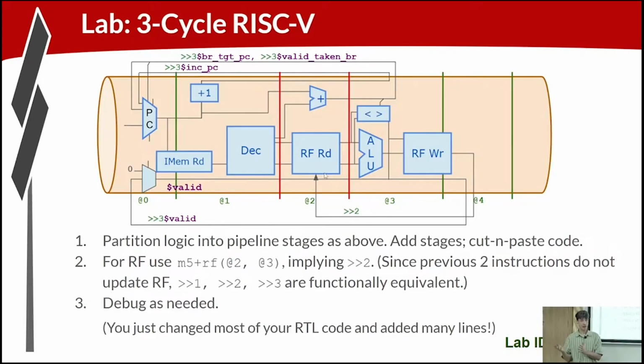Since we don't have back-to-back instructions at this point, it's okay. That's why we're not doing instructions back-to-back. But just note that this change is potentially a functional change. And that's it. It's just those two steps: distributing your logic and then changing the parameters to the register file.